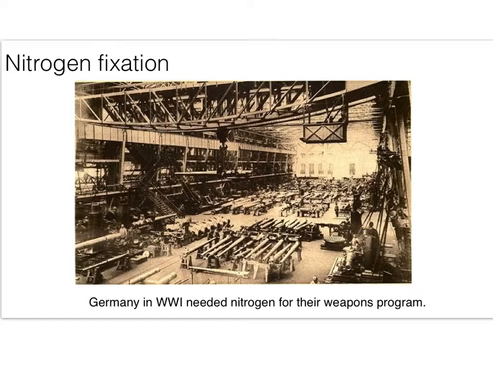So trinitrotoluene, as an example, has 3 nitrogen atoms in it, and so to make it you need a nitrogen source, and they couldn't get it because at the time you had to mine these nitrogen-rich materials to get and process the nitrogen. So they also set their scientists to try and figure out how they could potentially get the nitrogen from this really abundant source, which is the air.